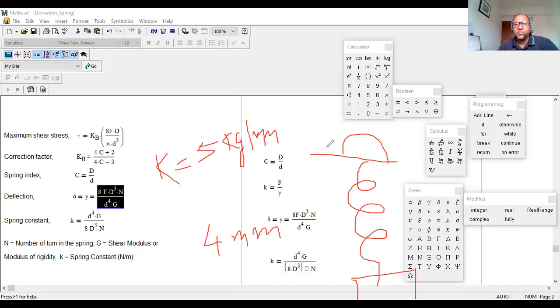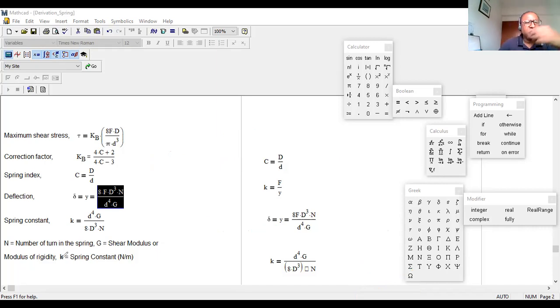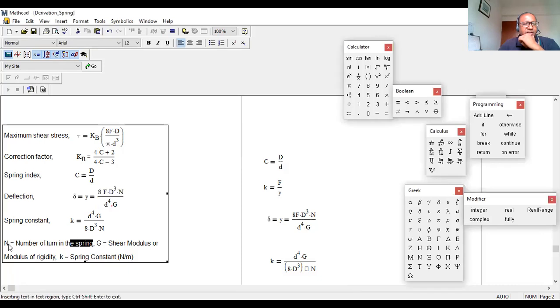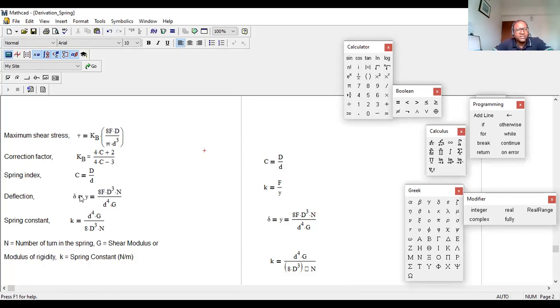So right over here, you need to know what N is. N is the number of turns in the spring. How many turns do you have? G is the shear modulus or modulus of rigidity. G. And K is the spring constant. Now, you might ask how we got these two formulas, right?